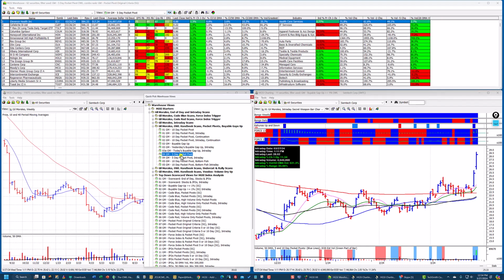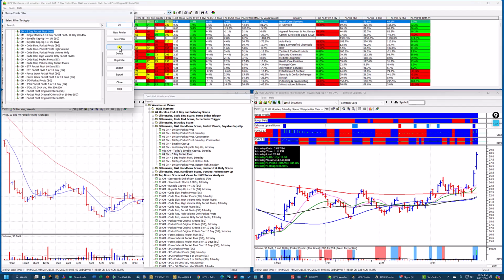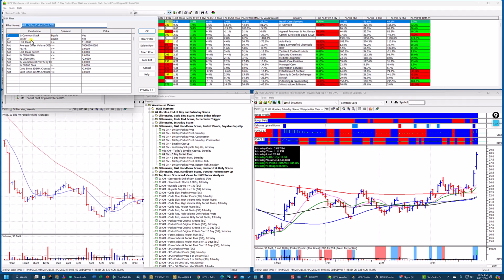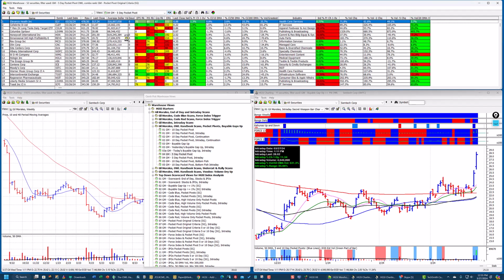Now, I'm not going to spend a lot of time on this. This is a 5-day pocket pivot. It's like the 10-day, but it's based upon looking back the last 5 days rather than 10 days. And you're going to get a lot of the same stocks. Let's see this. I've got both ETFs in here. I'm going to get rid of this. You can change these on your filters if you want to scan for both.